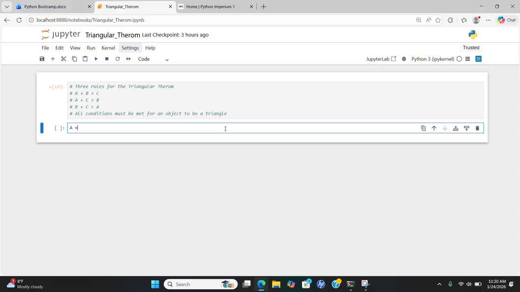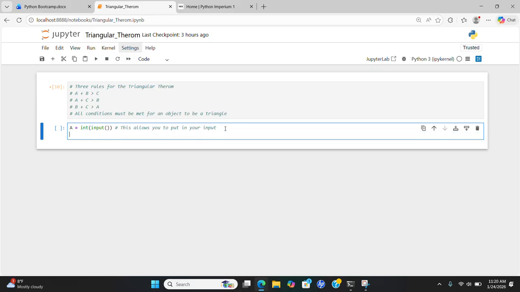A equals integer input. And what this does is it allows you to put in your input for A. Now your input is going to be used throughout the coding itself.